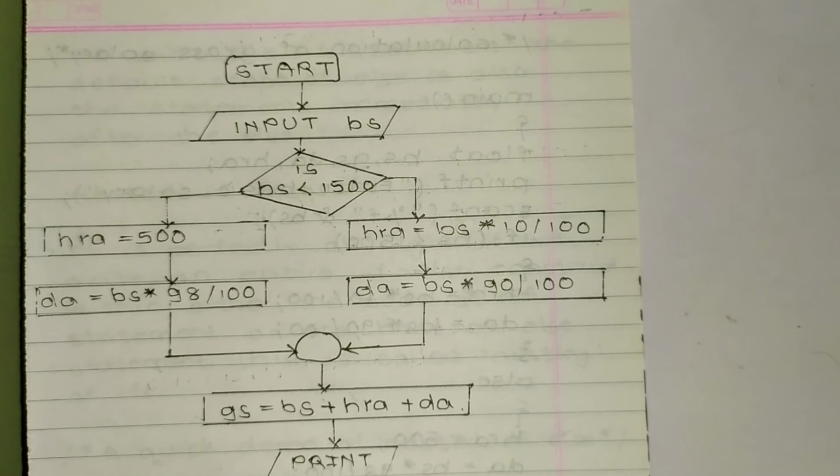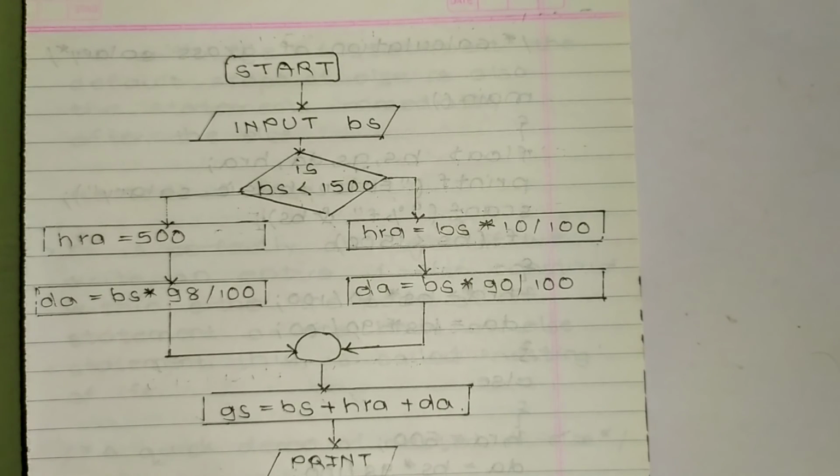So if BS is less than 1500, then HRA will be 10% of basic and DA will be 90% of basic.